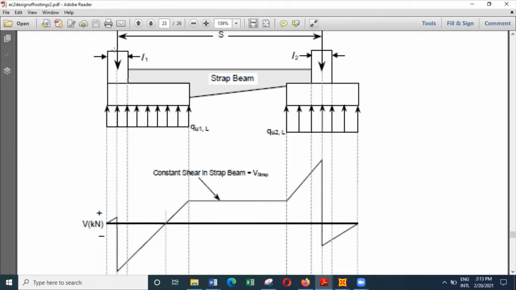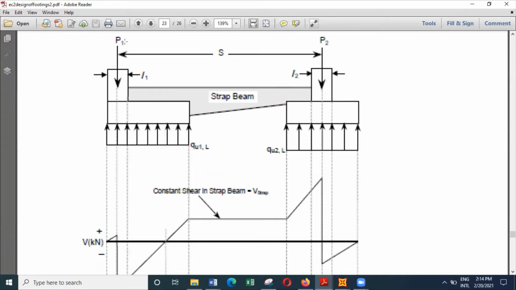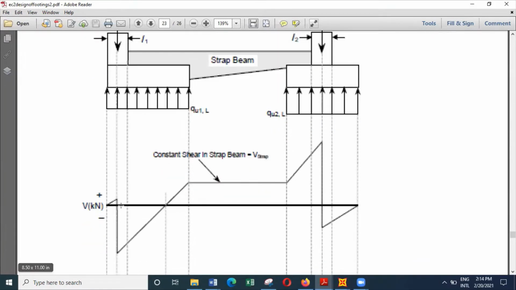And if this distance is the column size divided by 2, the shear force will be this value multiplied by this distance. And then we have to deduct this reaction or this column load from that value of shear force. So we get a shear force on the right hand side of the column here.